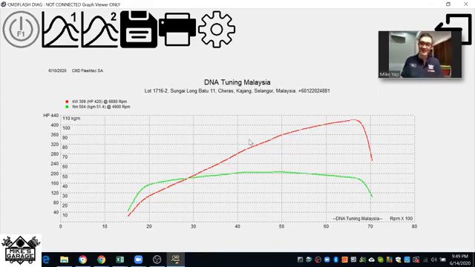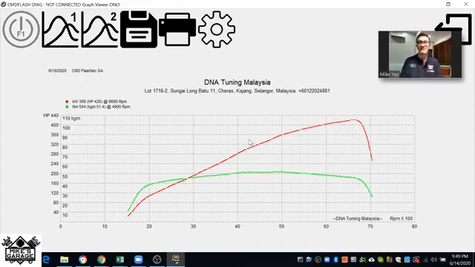That is extremely important, and your hardware must be in good condition. Because if your hardware is not in good condition and you go and tune the car, it's a no-no, because we are pushing your engine another 15 to 20% more. It's going to take a toll on your sensors even more. Your sensors are already tired, and once I put the tune in, it will definitely throw sensor faults.